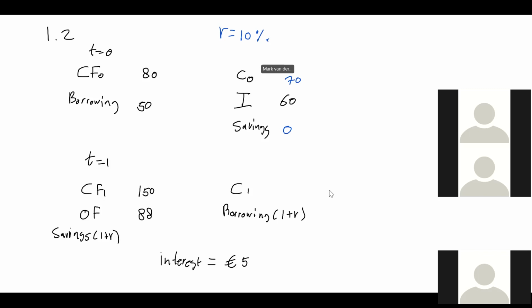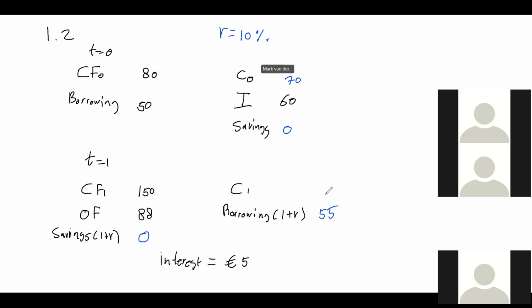And then how much do I have to pay back? If I borrow 50, how much do I have to pay back? 55. My savings is 0. So what do I put here? Also 0. Yes.